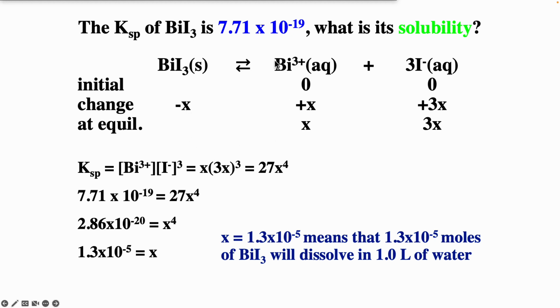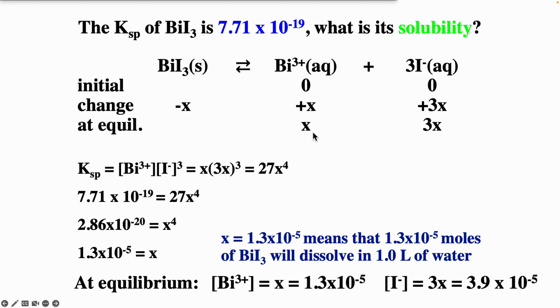We're given that the KSP was 7.71 times 10 to the minus 19. That's here. And so that equals 27X to the 4th. Divide both sides by 27. Take the 4th root. And we see that 1.3 times 10 to the minus 5 is equal to X. That means 1.3 times 10 to the minus 5 moles of bismuth iodide will dissolve in 1 liter of water.